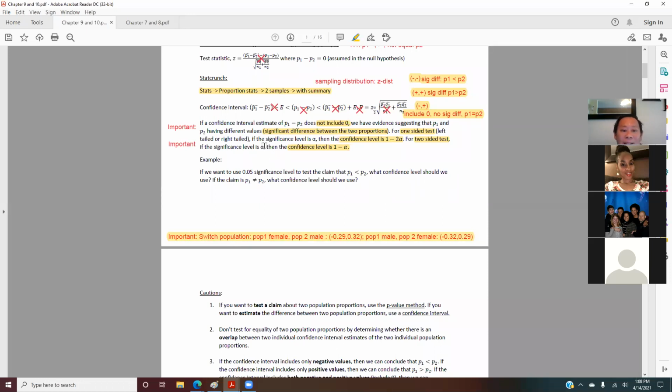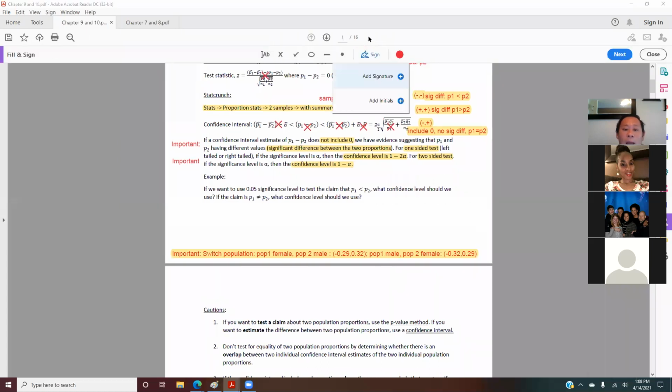So let's talk about this second important thing. Let's say you have a 0.05 significance level and you want to claim P1 less than P2. What confidence level should we use here? Can someone tell me, P1 less than P2, is that a one-sided or two-sided test?